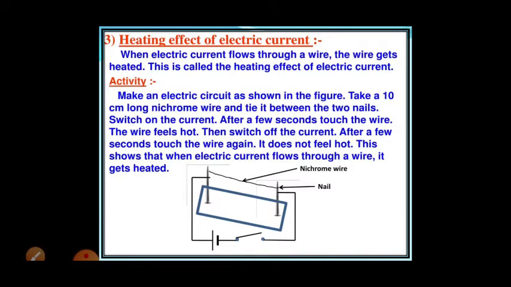This is the heating effect of electric current. To see that, if you use nichrome wire and connect it with an electric wire, after some time this nichrome wire will get heated. If you switch off and touch it again after some time, it will be cold.